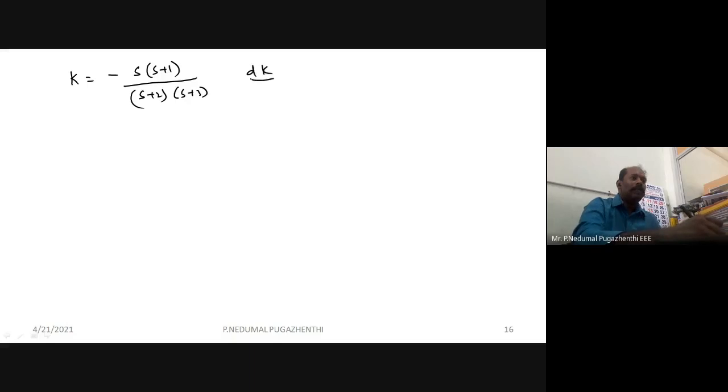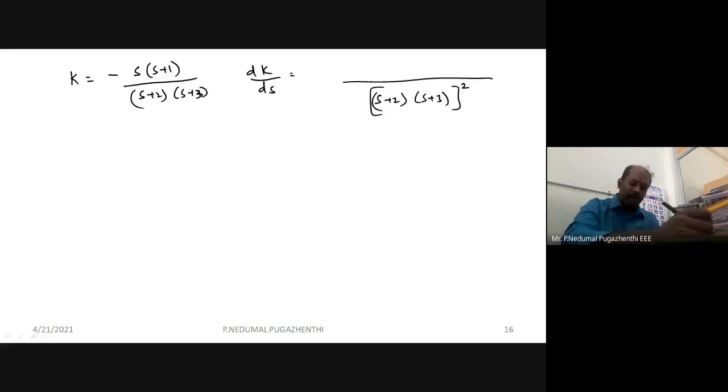What is my next step? I have to find dK by ds. What is dK by ds? U by V form. So, s plus 2, s plus 3 the whole squared in the denominator, and in the numerator you will get 2s plus 1, s plus 2, s plus 3 minus s into s plus 1 into 2s plus 5.